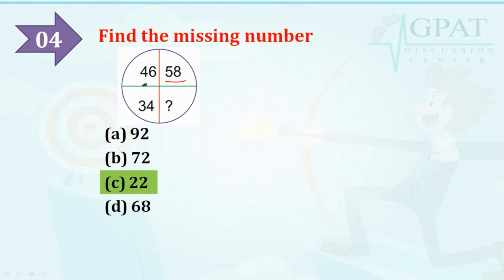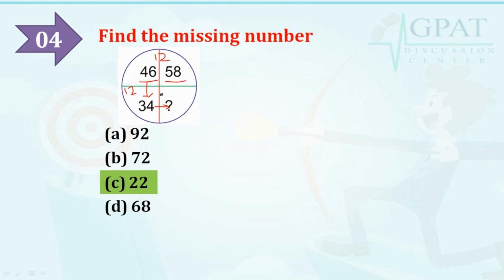Here is 58 and here is 46. If you subtract 12 from 58, then it becomes 46. Now from 46 to 34, if you again subtract 12, then it becomes 34. From 34 to the next, the question mark will be 22.